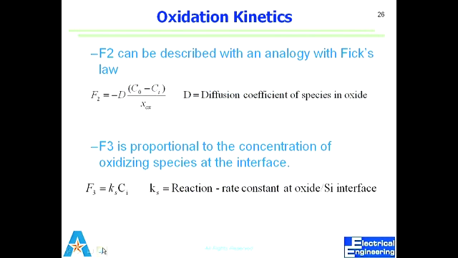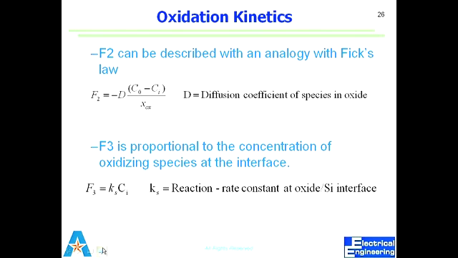But let's get back. F2 is what we get from Fick's law, which is diffusion through that layer of silicon dioxide. Again, it depends on the concentration gradient and diffusion coefficient. The third one is the reaction rate, which depends on Ci, how much concentration of oxygen we get there, times the reaction rate.